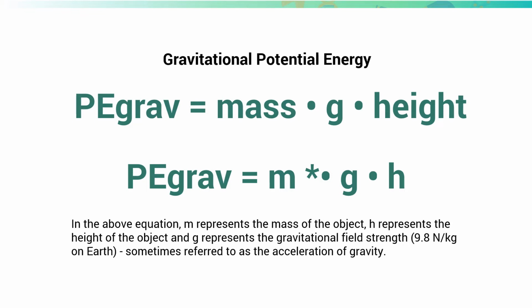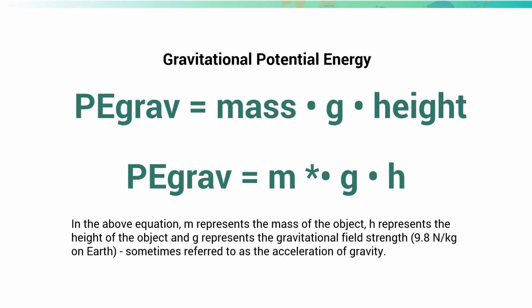In the above equation, m represents the mass of the object, h represents the height of the object, and g represents the gravitational field strength, which is 9.8 Newton per kilogram on Earth, sometimes referred to as the acceleration due to gravity. Remember that 9.8 Newton per kilogram is also equal to 9.8 meters per second squared.